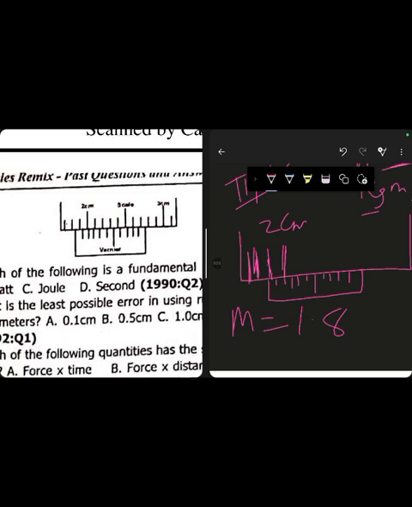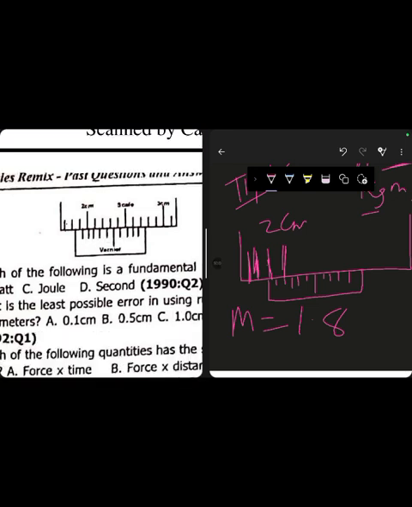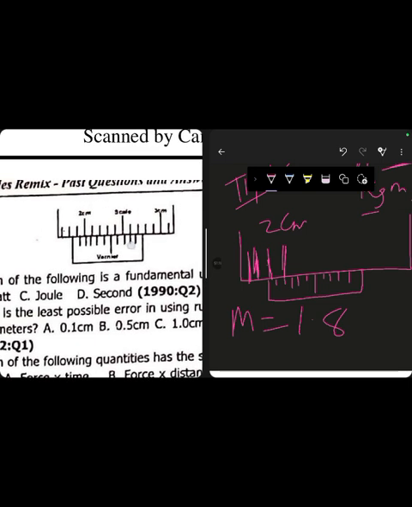I'll take here 0, 1, 2, 3, 4, 5, 6, 7, 8, 9, 10. Okay, good. So here's 0, 1, 2, 3, 4, 5, 6, 7, 8. So it touches the vernier scale here at 8.